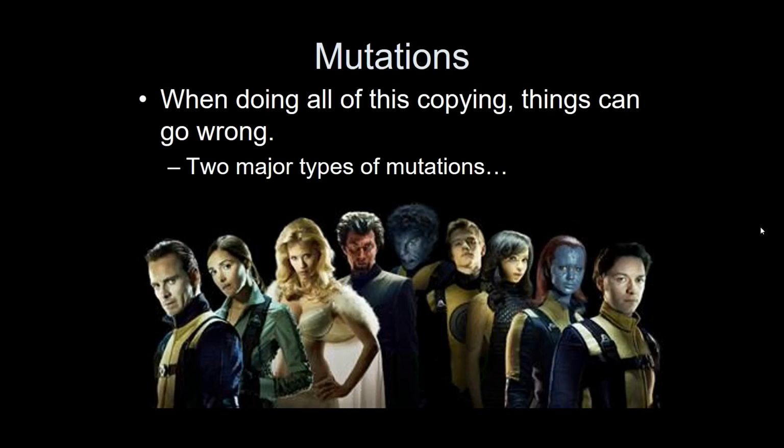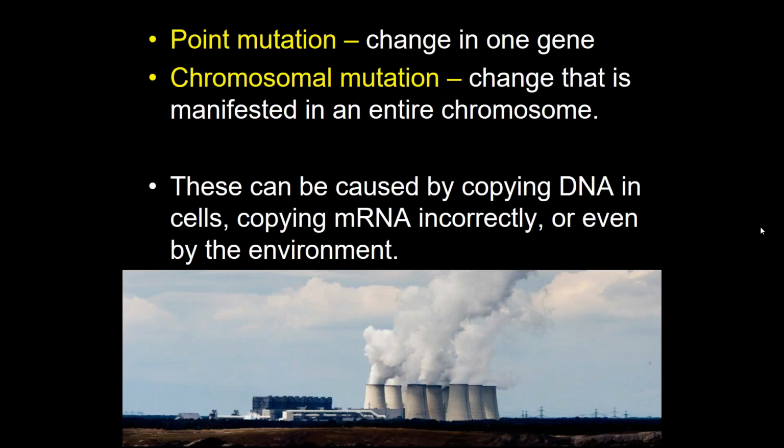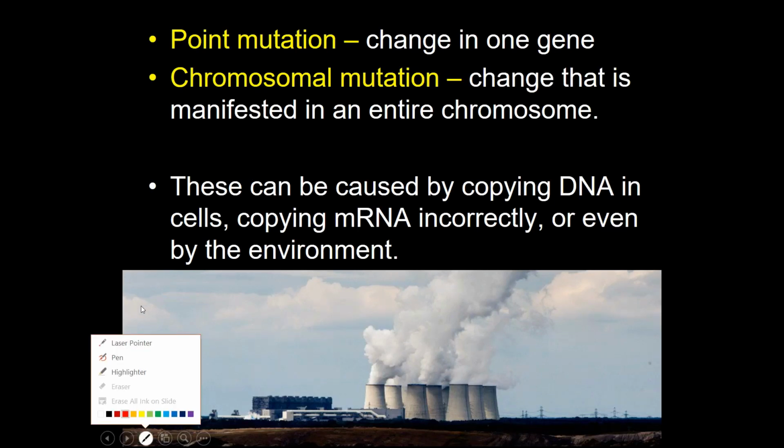Mutations are obviously when something goes wrong. We tend to think about all the superheroes like the X-Men that are on the bottom there. All of the X-Men have some sort of mutation, or they're mutants that make something different in their bodies. And that's basically what a genetic mutation is. The two types of genetic mutations that we have are a point mutation and a chromosomal mutation.